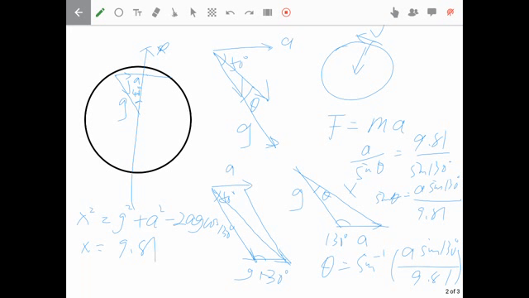So 0.02169 times sine 130, divided by 9.81.